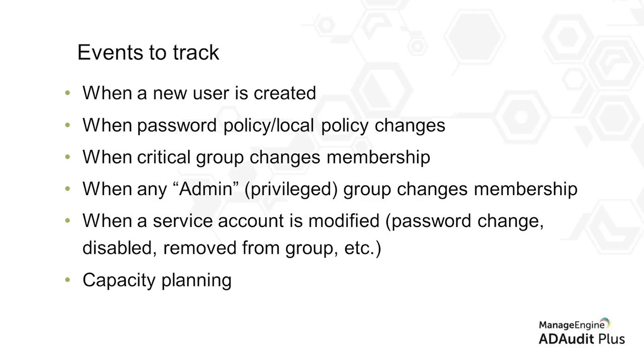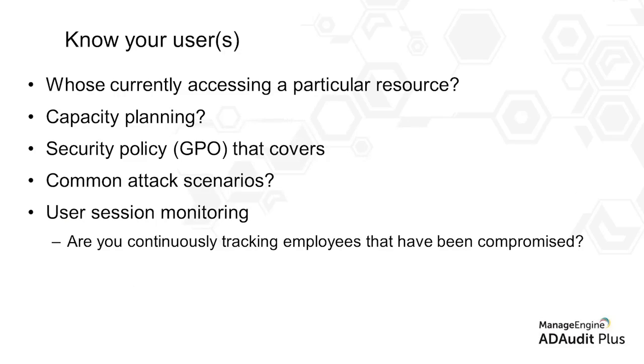And when a service account is modified, any modification: reset, enable, disable, removed from group. And last but not least is capacity planning. These are the events that you would have tracked. And in case anybody is new to the auditing business, these would be the 101 and the 201 where you should get started.